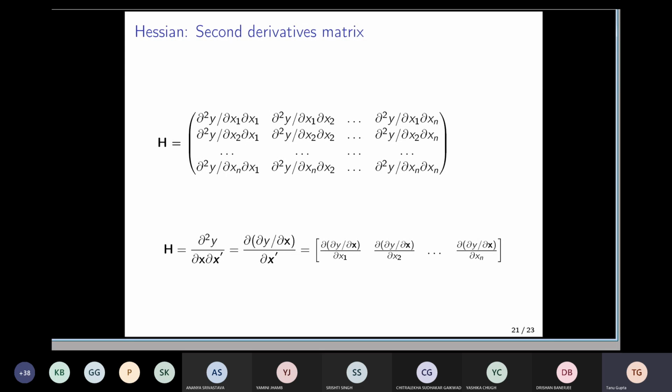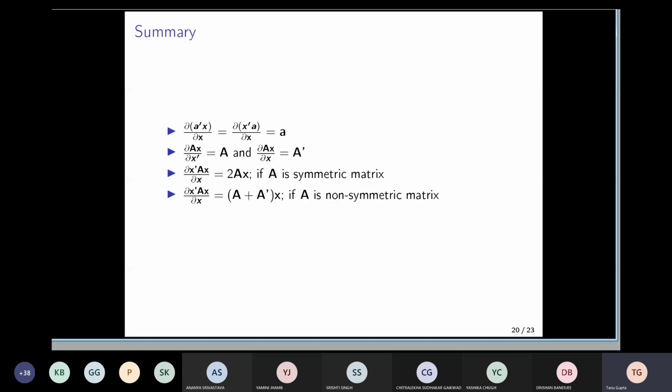If you have a single equation, then of course you can differentiate it with respect to x1, x2, x3, x4 up to xn. The only important thing in matrix differentiation is how to stack all these elements. That's it. So far we have seen that for first order partial derivatives, how to stack them and what the final answer will be.